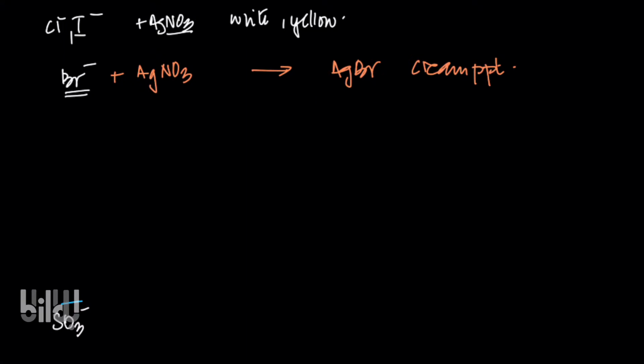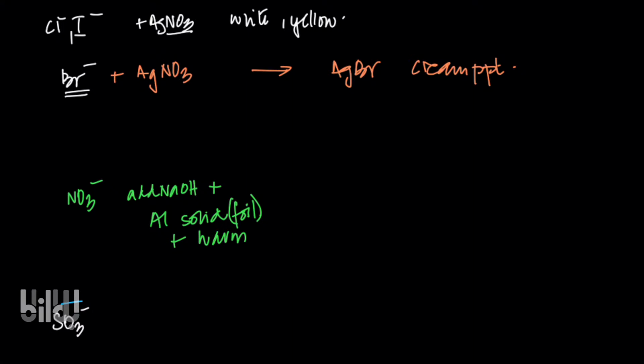On the other hand, the test for nitrate is to add NaOH and aluminum solid, in the form of foil or powder, and warm. You get a pungent gas evolved, but you won't see bubbles.